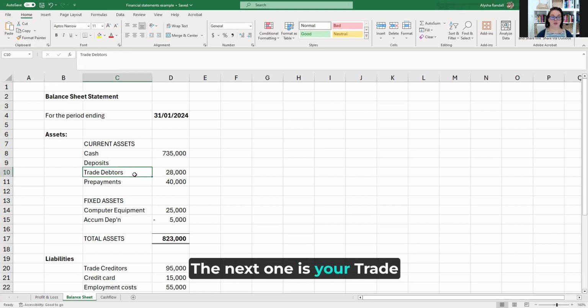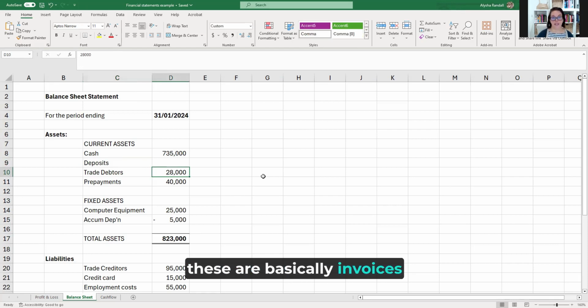The next one is your trade debtors or trade receivables. These are basically invoices that you've raised, where the other side will be sitting in revenue, and they haven't been paid yet. Ideally you want those invoices to be paid within 30 days.